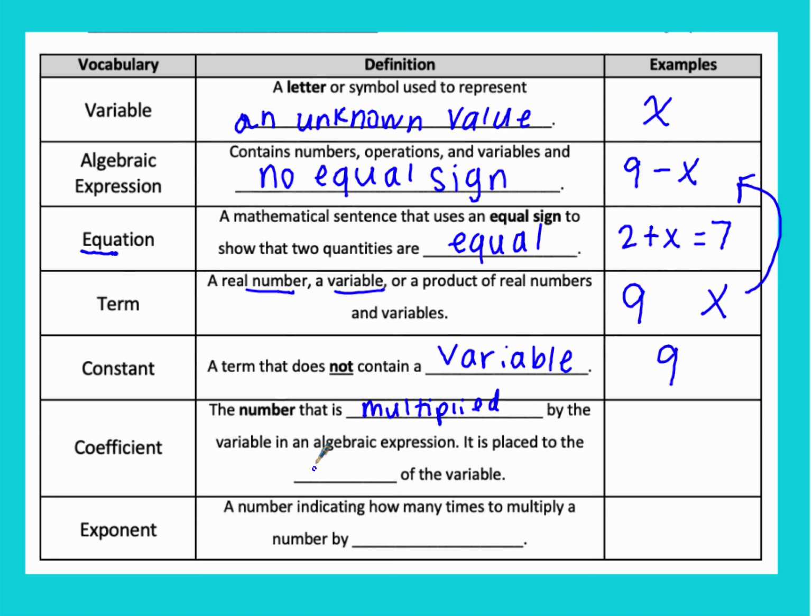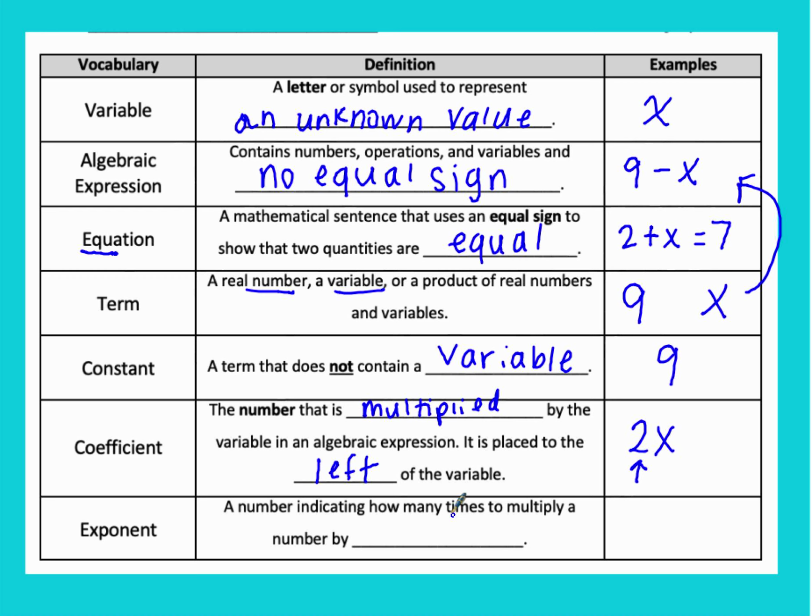It is placed to the left of the variable. Something like that could be if you see 2x. If we have 2x, that's just saying that we'd be multiplying 2 times x. So 2 is what we call the coefficient. Just that number to the left of your variable is the coefficient.